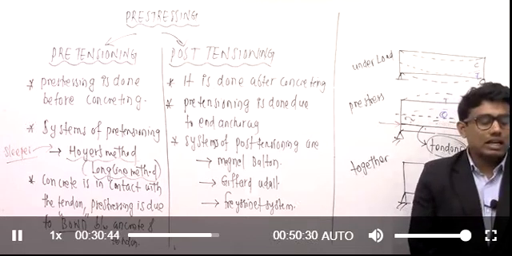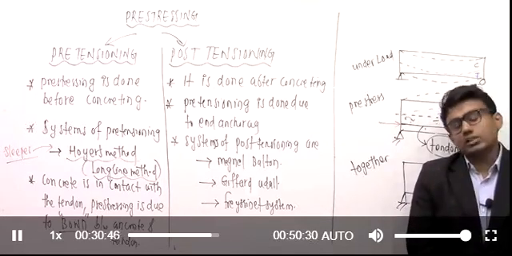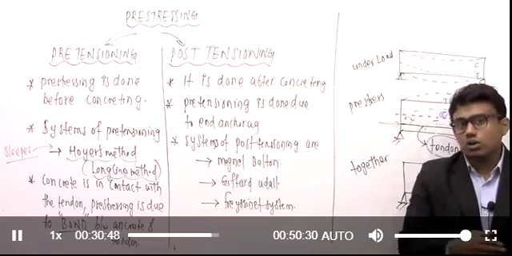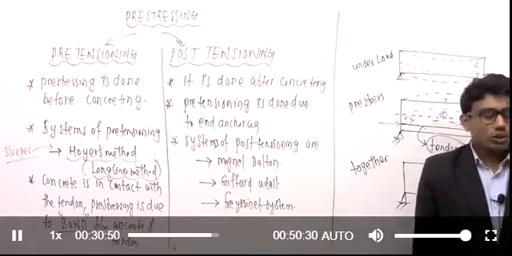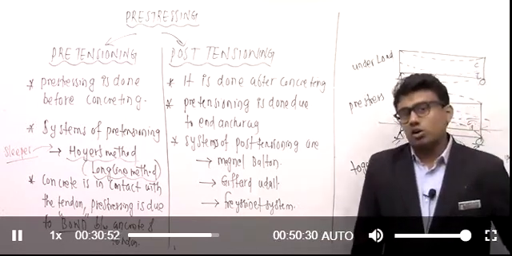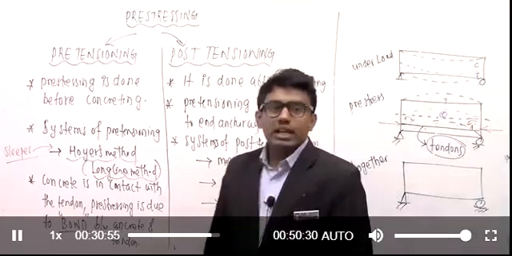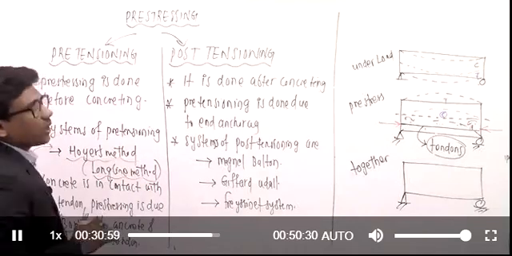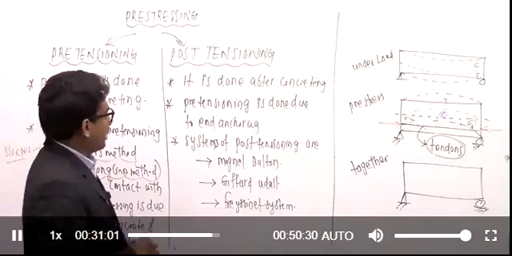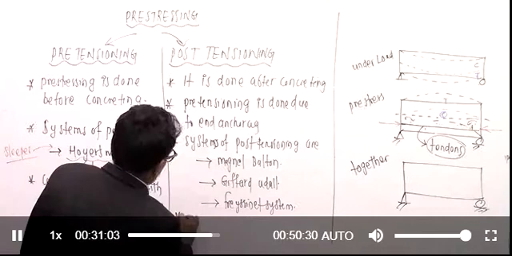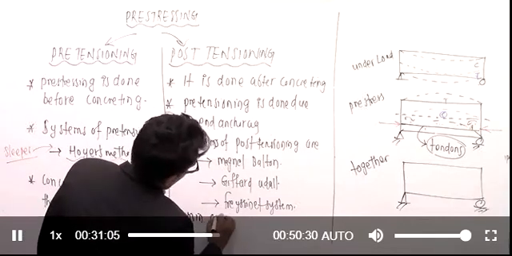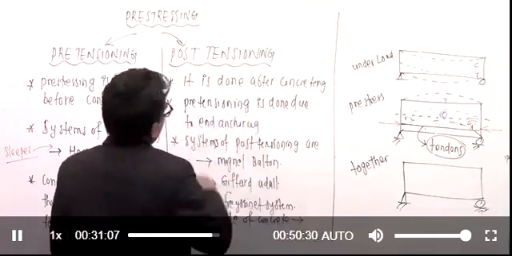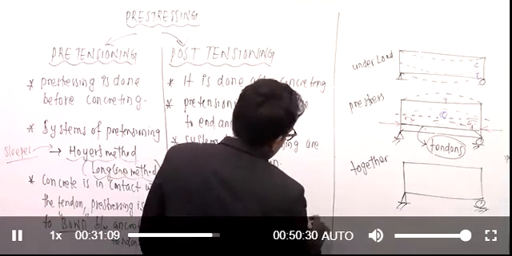When we cut the tendons, compressive stresses are going to be generated at the ends. So due to these compressive stresses, the tensile stresses which are going to be generated in the concrete will get balanced. And you have to remember one more thing: the minimum grade of concrete required here for post tensioning is M30.